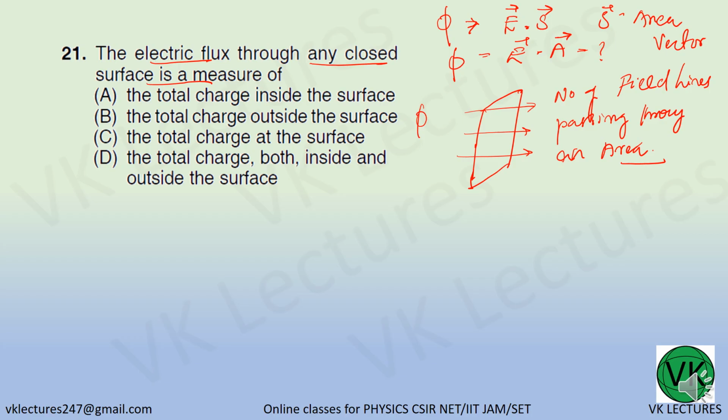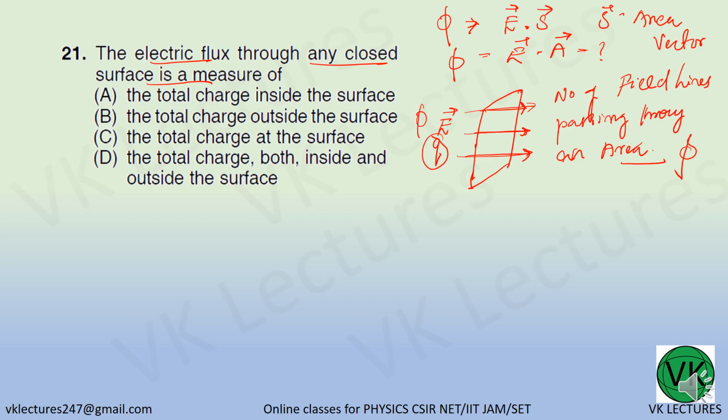Now when we say that there is an electric field, some charges are kept. These charges will produce electric field. This electric field will produce electric field lines, which when they pass through a given surface area, we call it as flux phi.